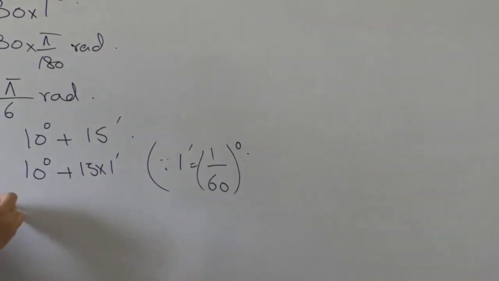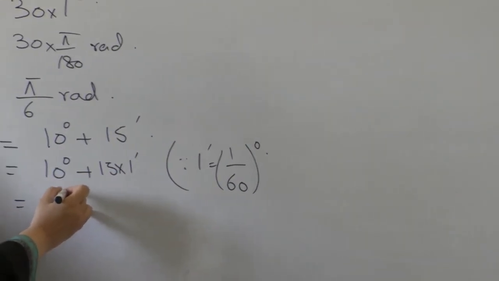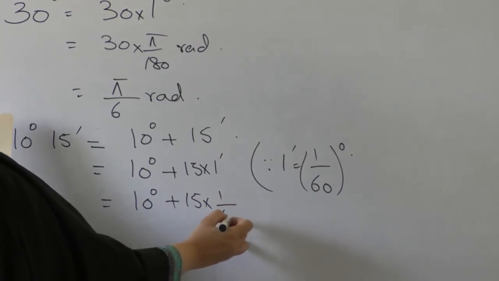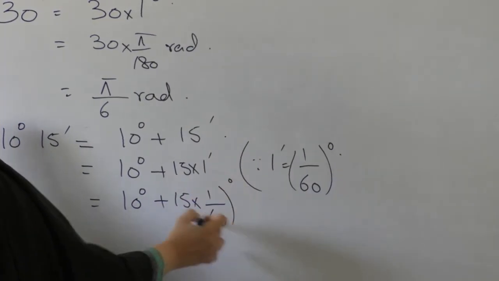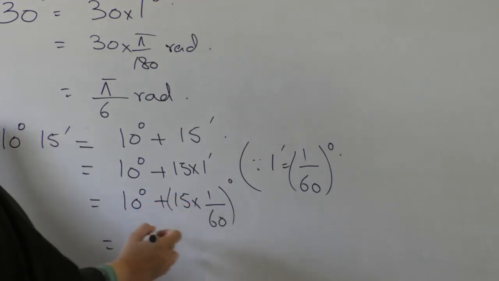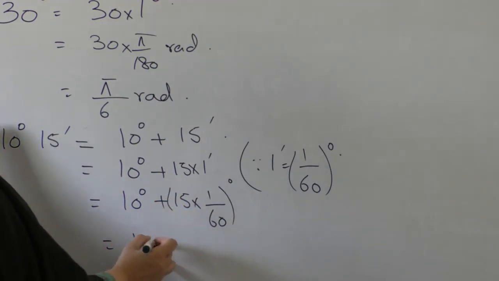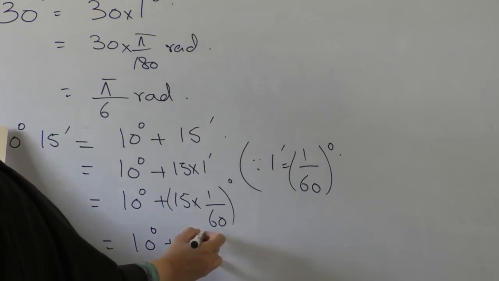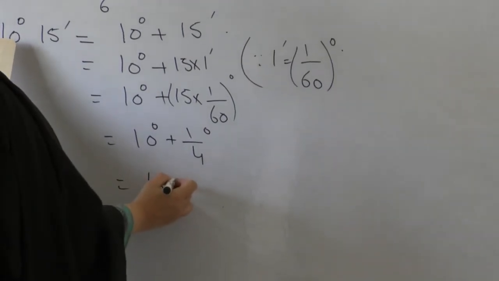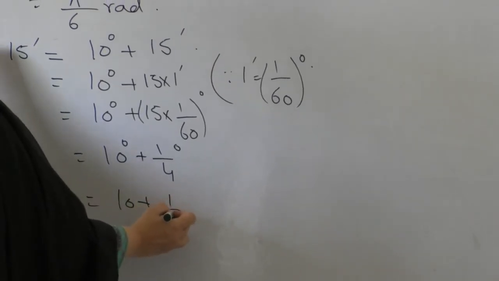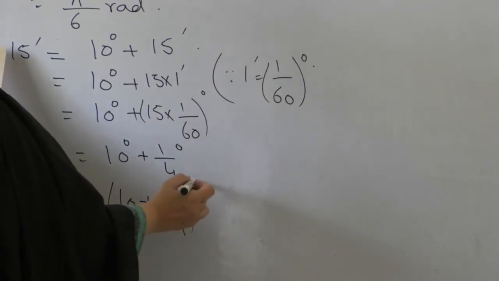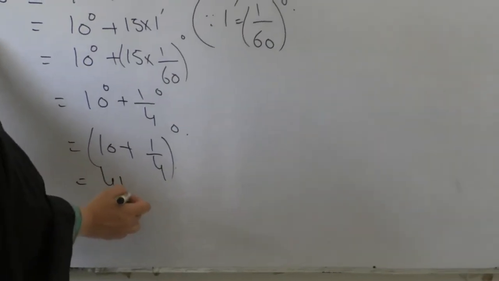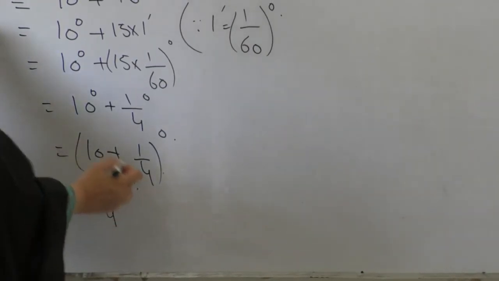So we replace this 15 into 1 by 60 degree. It becomes, when we simplify, 10 degree plus 1 by 4 degree. So it becomes 10 plus 1 by 4 degree is equal to 41 by 4 degree.